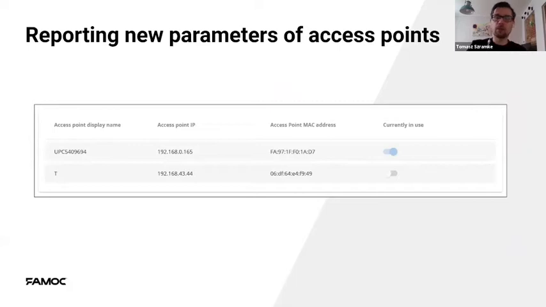Because some devices can be anonymized by the randomized MAC address. So here you can see the real address, and also see to which networks the device was connected, and which network is currently in use.